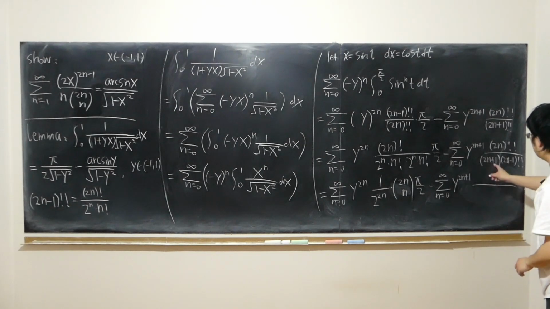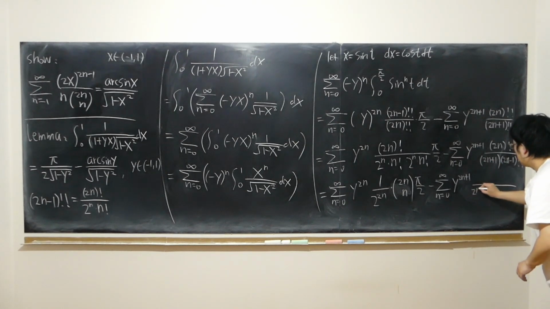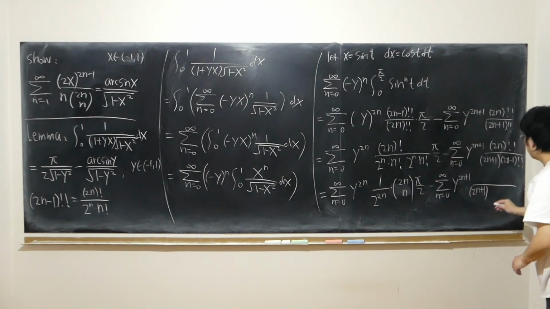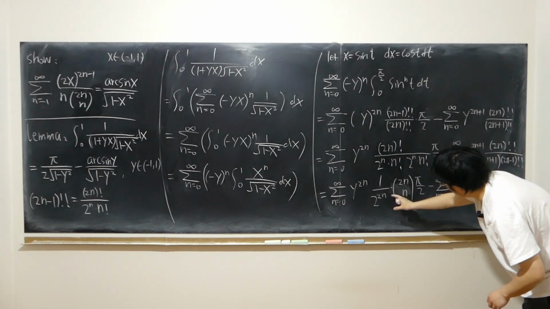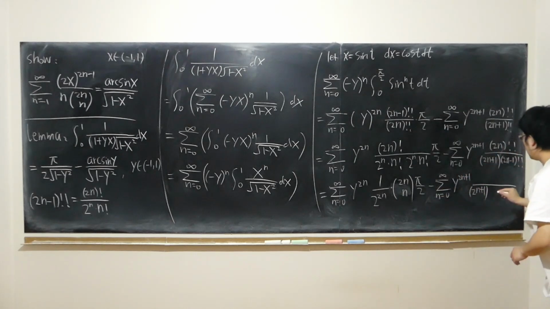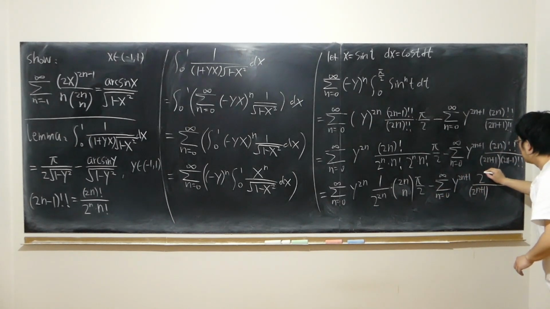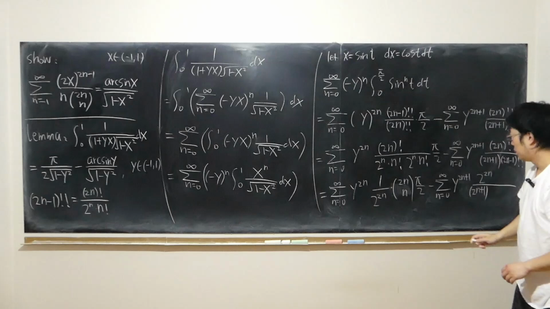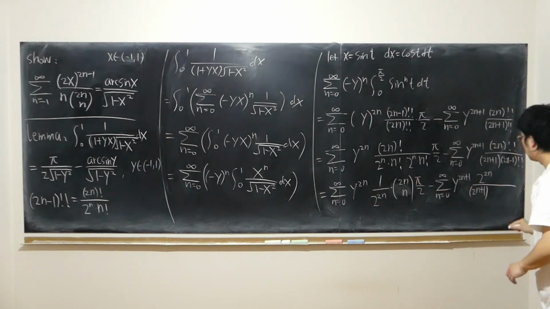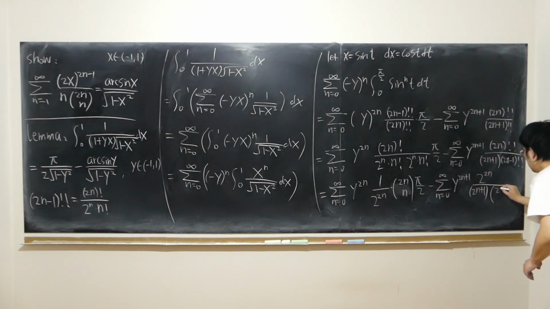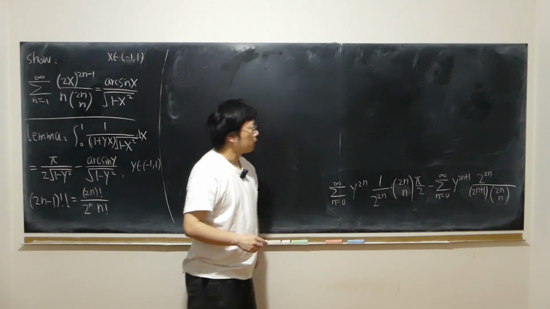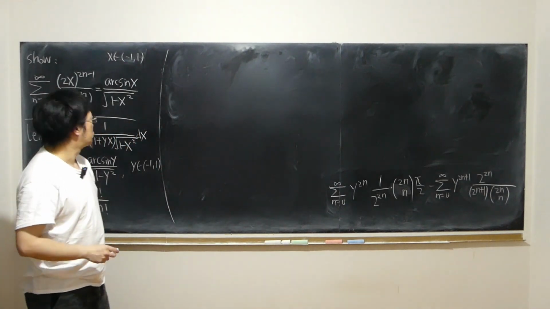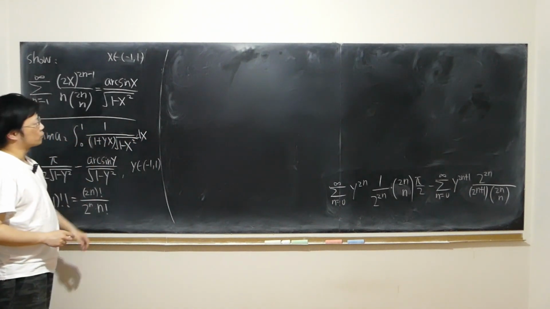So like I said, copy down 2n plus 1. Replace the remaining with the reciprocal of this. So put this at the top this time, 2 to the 2n, and put this at the bottom, 2n choose n. So we finally reached this expression, another way of representing this definite integral.